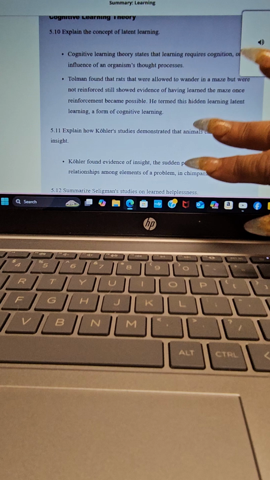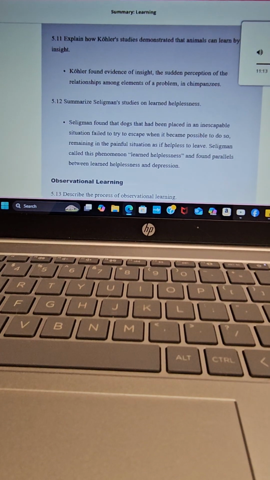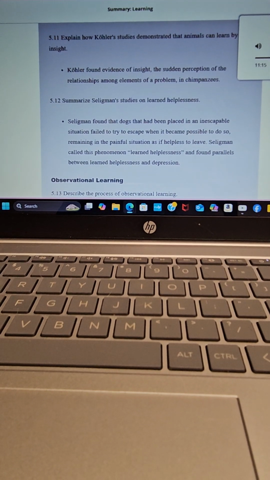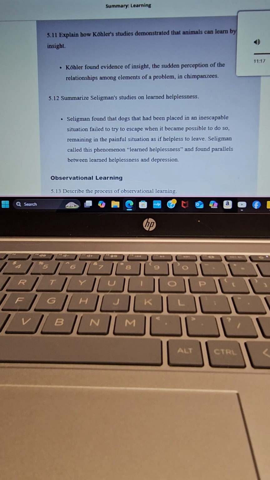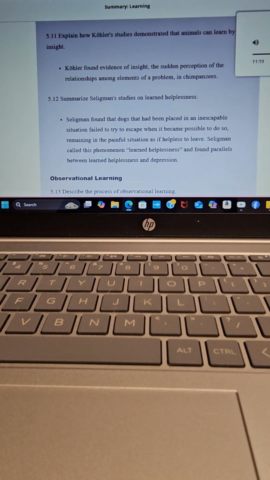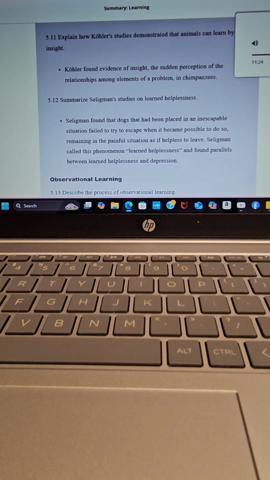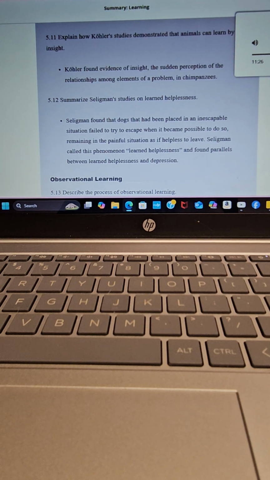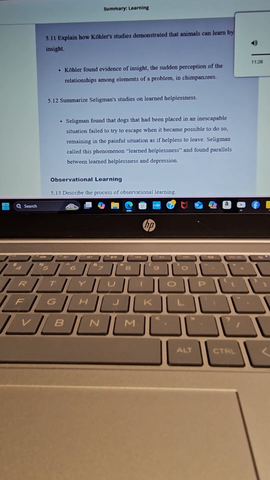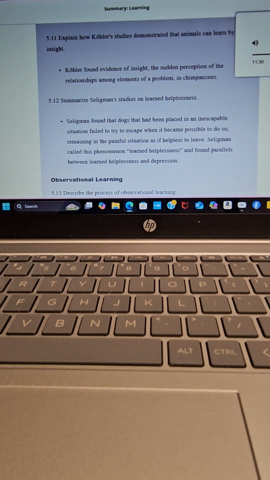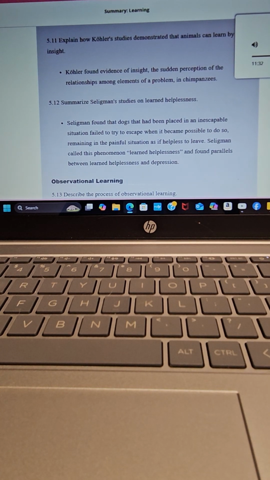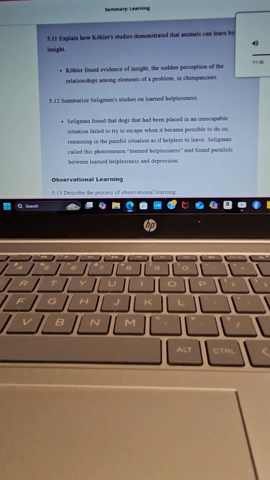5.11. Explain how Köhler's studies demonstrated that animals can learn by insight. Köhler found evidence of insight, the sudden perception of the relationships among elements of a problem, in chimpanzees. 5.12. Summarize Seligman's studies on learned helplessness.